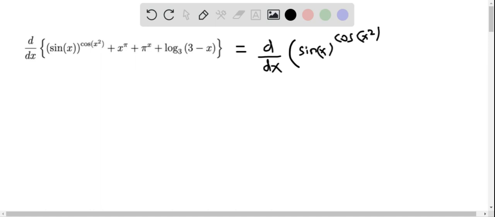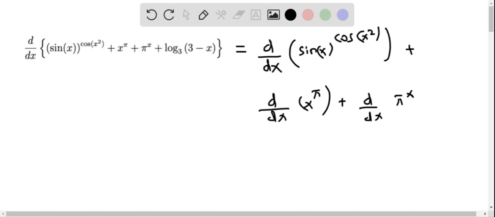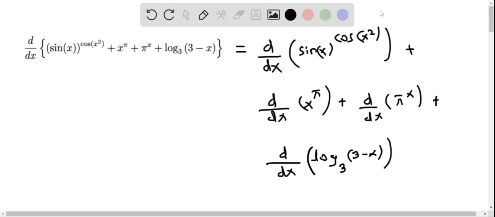This is one derivative, plus the second derivative, d by dx of x raised to the power of 5, plus the derivative of the third term, d by dx of pi raised to the power of x, plus finally the derivative of the fourth term, d by dx of log of 3 minus x to the base 3. So it basically involves finding each of the derivatives and adding them up together.